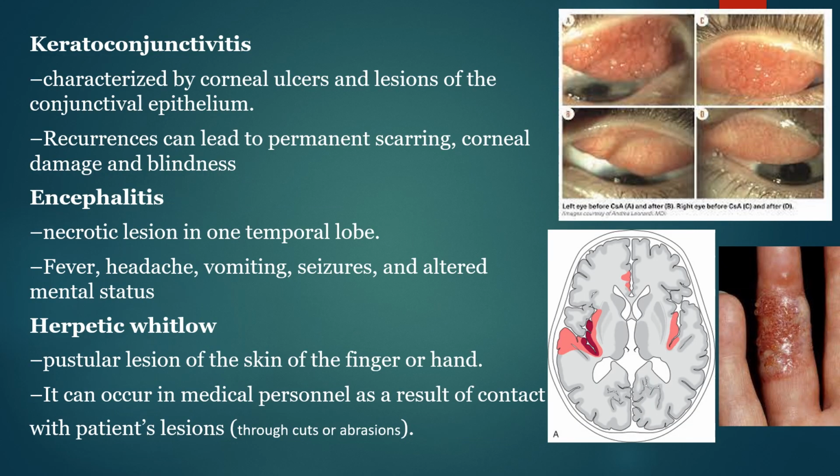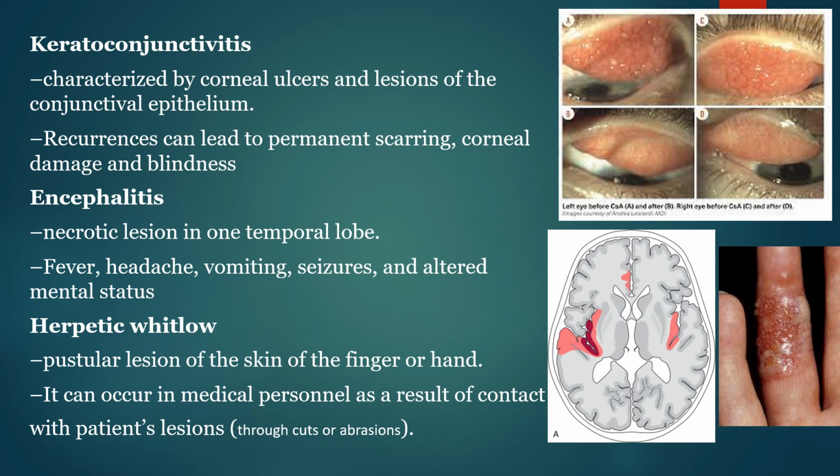The third infection is keratoconjunctivitis. The infection is characterized by corneal ulcers and lesions of the conjunctival epithelium of the eye. The recurrent infections can lead to permanent scarring, corneal damage, and blindness. Encephalitis, the fourth infection, is characterized by necrotic lesions in one temporal lobe.